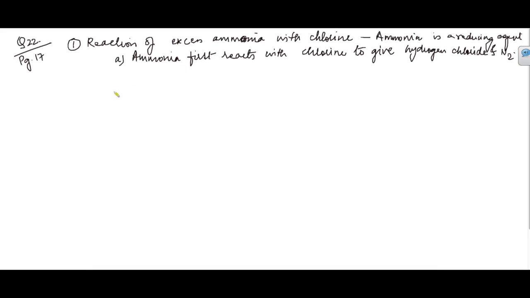So let's first write down the reaction for the first step. For such questions, it's very important that you know what the chemical formulae are. So ammonia is reacting with chlorine to give hydrogen chloride plus nitrogen gas. That is the first equation for step A.